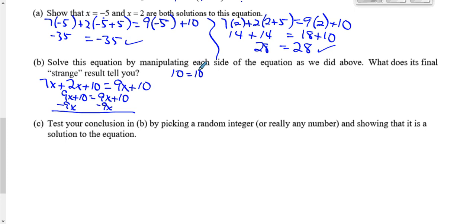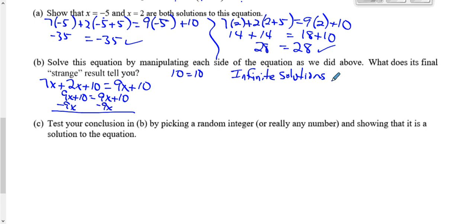How many are there? Any number I put in for x would make both sides true, right? So this is true for all x's, infinite solutions. Any x you plug in there will make it true. It's true for all values of x.